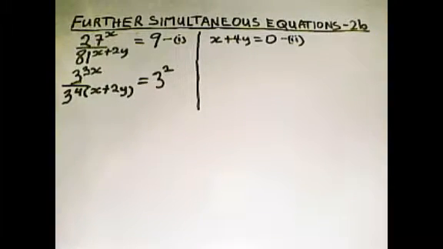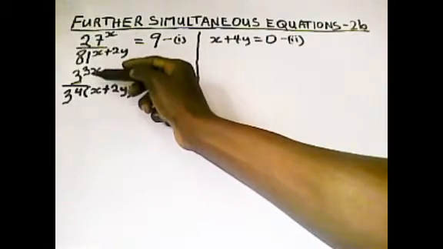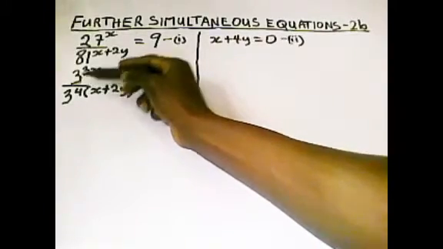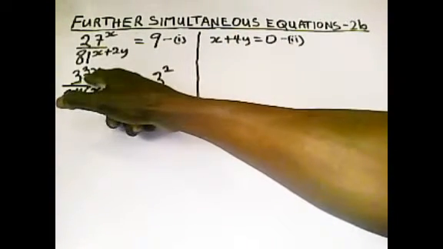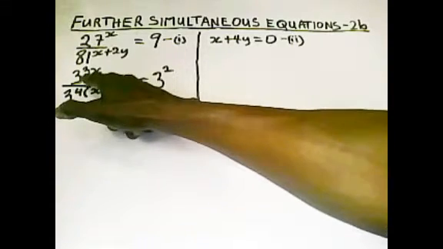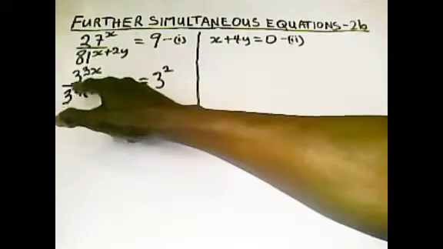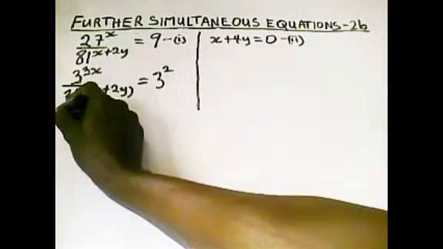Now, what do we do at this point? Let's simplify what we have here. According to the law of indices, if we are dividing a common base, now what do we mean by common base? The number at the bottom here is a 3, and the number at the top is a 3. You can see that the base is the same. Instead of writing two separate 3s, we are going to take it as one.